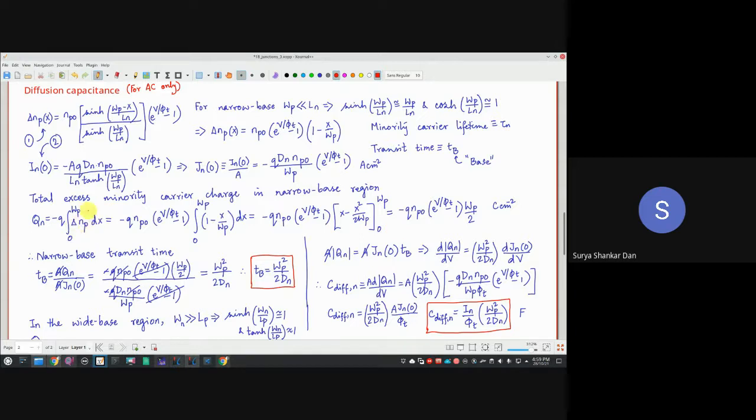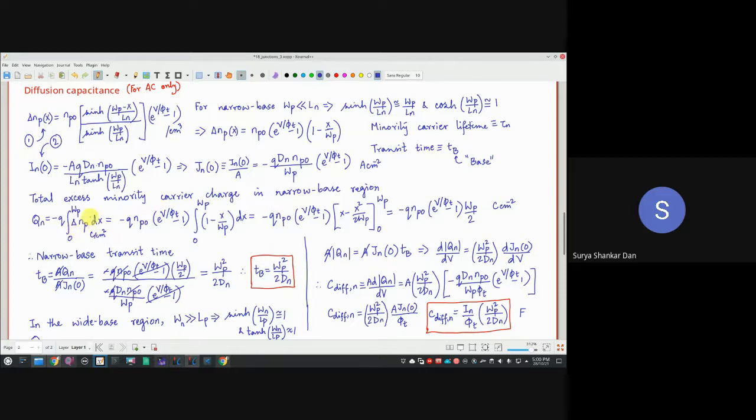So what is the unit of this integral? This was per centimeter cube, right? So you have integrated with x, so that becomes per centimeter square. And what is this minus q? Because we are talking about the minority carriers in the p-type region, that means electrons. Qn. So minus q is essentially referring to coulombs per centimeter square. This is the unit.